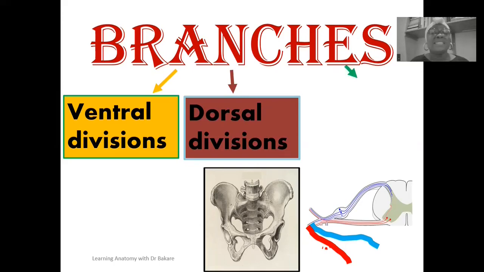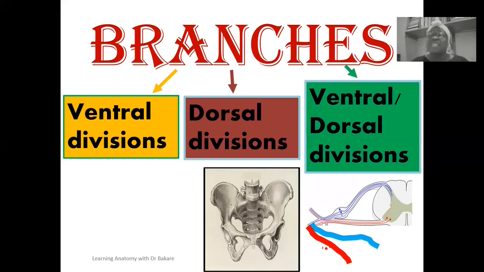We also have branches that will emerge from the combination of the ventral and also the dorsal divisions. So after the emergence of these branches within the pelvic cavity, this is where we have the pelvic cavity here. So you have emergence of branches from both the ventral and the dorsal divisions within the pelvic cavity.